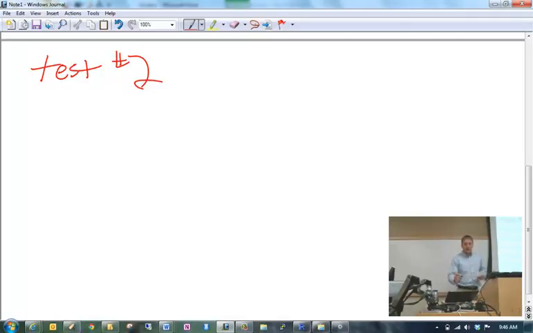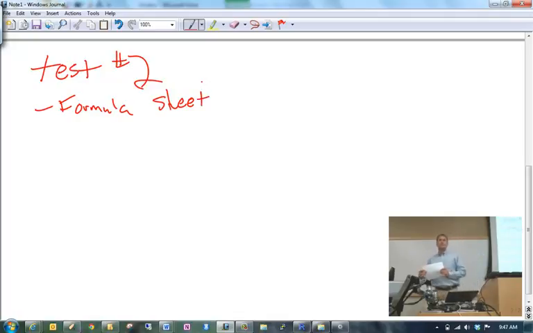There is a formula sheet. Hopefully you've already taken a look at it. That's on the graded materials webpage of the course website. You can look at that sheet on your computer during the exam. I will not give you a printed copy. The formula sheet actually contains all the formulas that we saw previously from test number 1, just in case you feel as though that will be helpful.